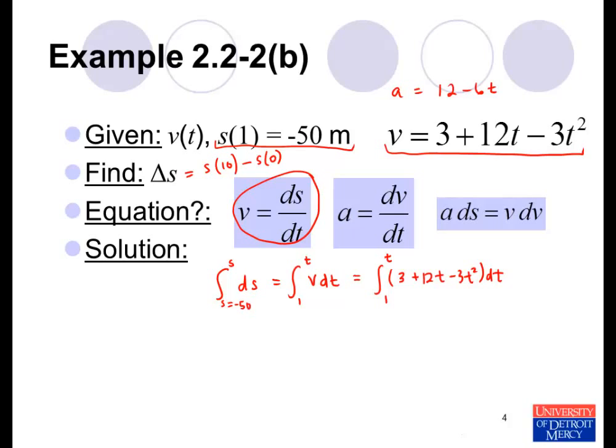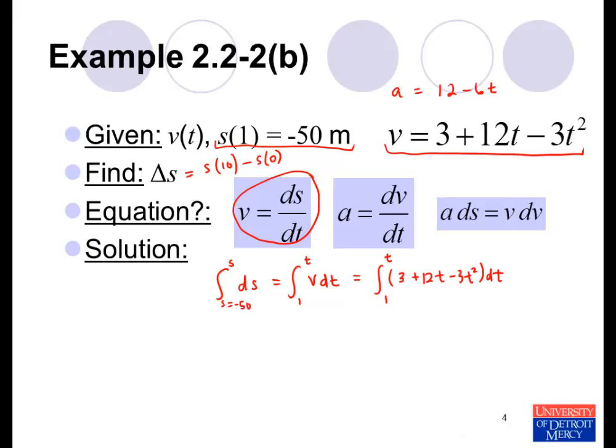It is often better to leave this upper limit as a variable s as opposed to a specific time or a specific position, because that symbolic expression that we're going to end up with could be useful in other ways. It could be useful for another part of the problem, for example, what we're going to do in part C. It could also be useful for a sanity check. It gives us something to plug some numbers into, to check or to graph to see if this makes sense.